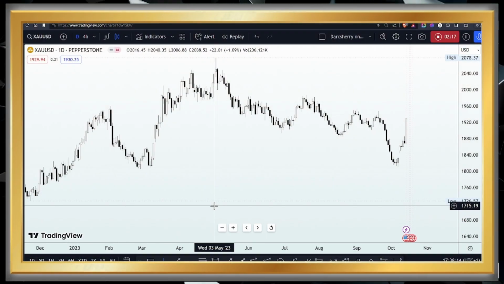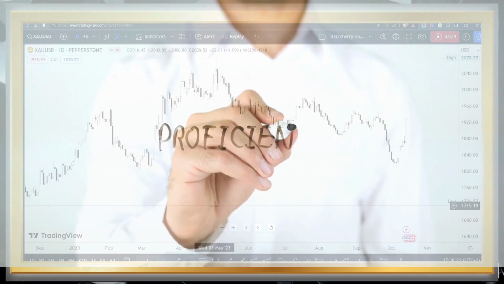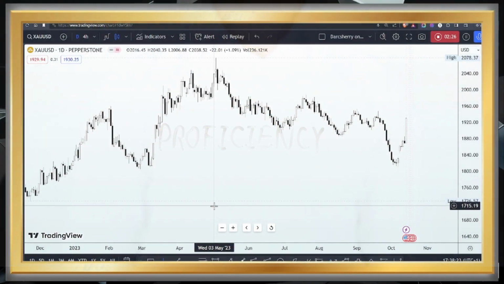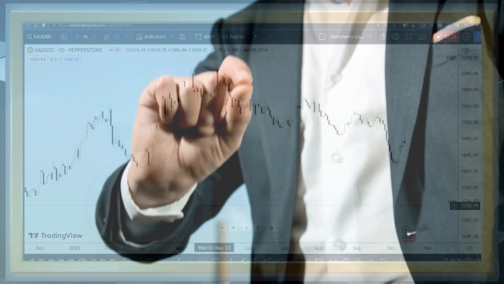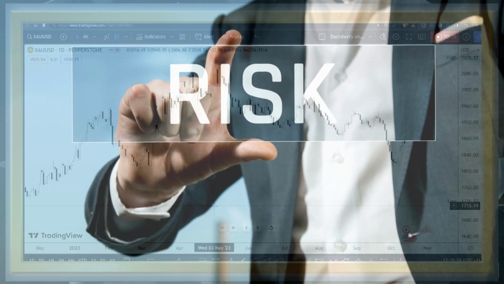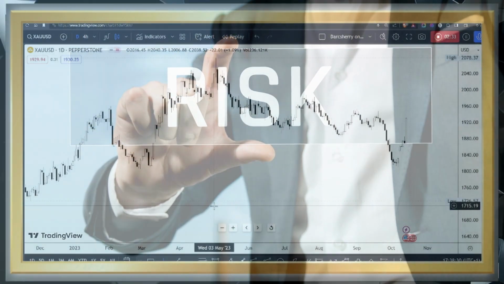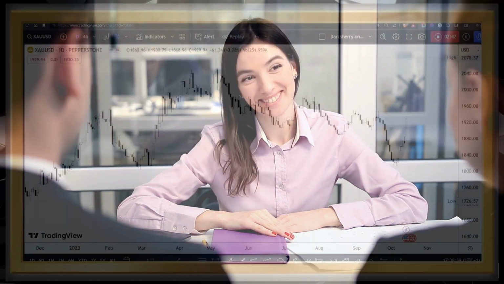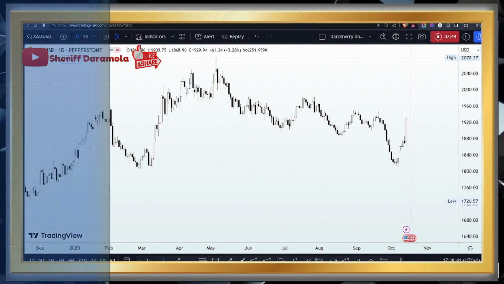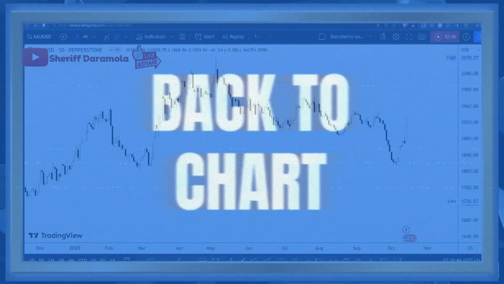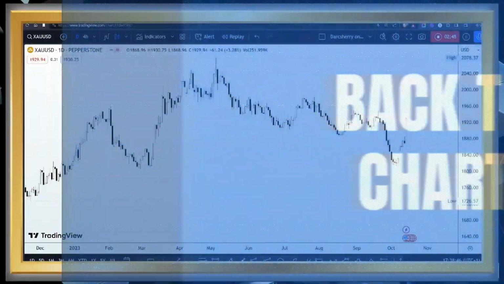My aim is to equip you with a deep understanding of the XAUUSD chart and enhance your proficiency in price action analysis. Remember, Forex trading carries inherent risk, so always exercise caution and consider consulting a professional financial advisor before making any investment decisions. Now, with our foundation well laid, let's dive right into the business.